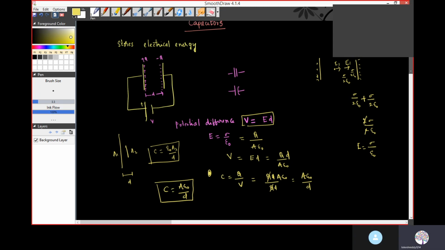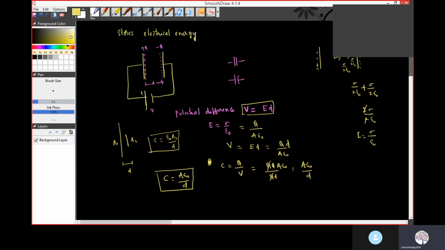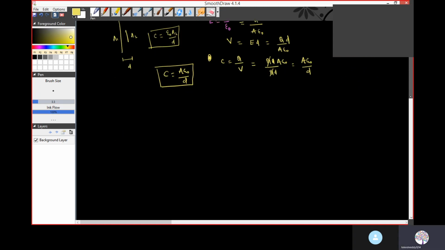Next one is a spherical capacitor. Next we will discuss spherical capacitor. The name itself indicates that you have a sphere of radius A, and another bigger sphere.